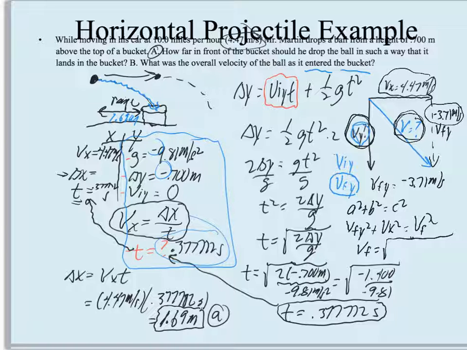Vfy squared. What is Vfy? Vfy is negative 3.71. And what is Vx squared? Well, Vx is way up here, 4.47.